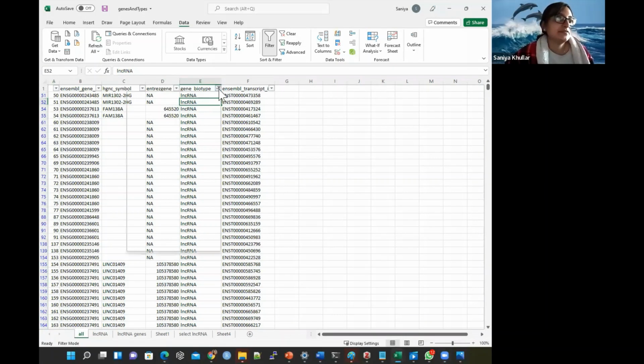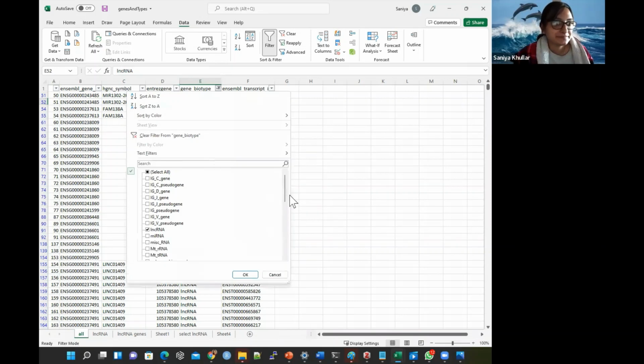So what I wanted to show you is some examples that I had created. I had collected some information on genes and various types of genes. One of the things I had done here is go through a list of the different gene biotypes out there.